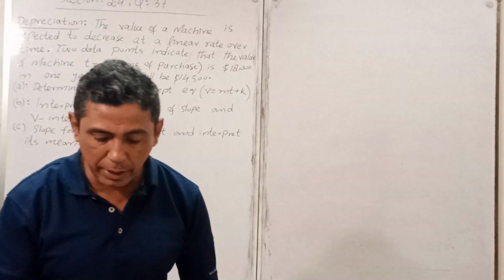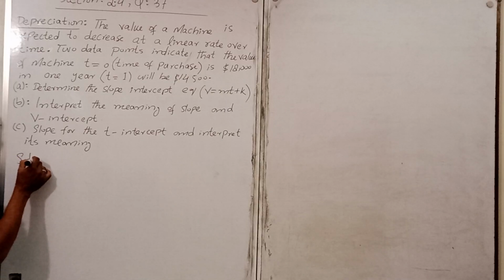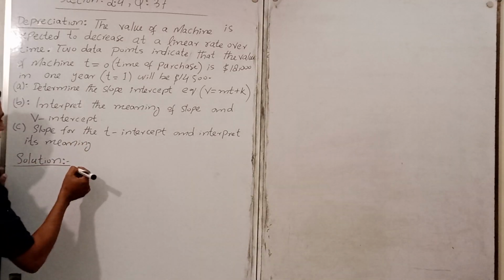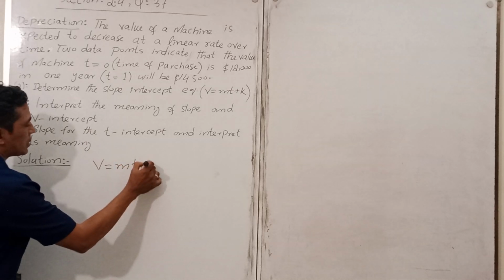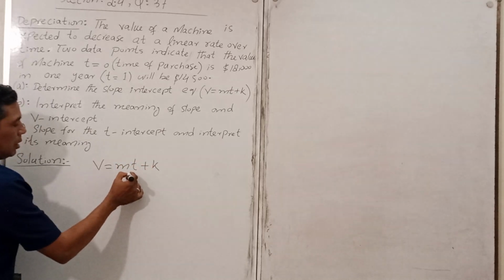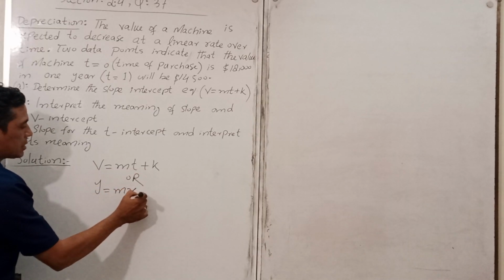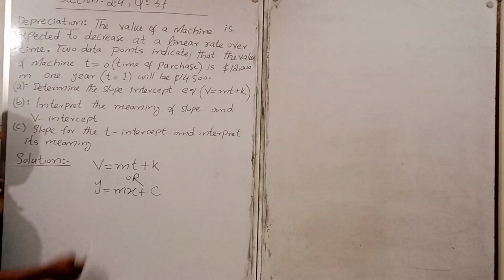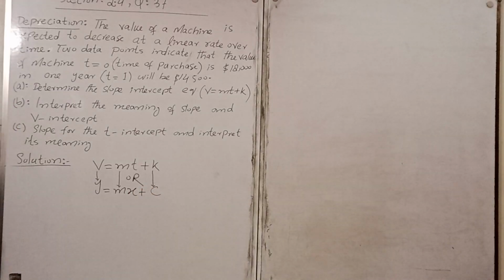It is the same kind of thing here. If I can write this equation, now the solution is here. I can write this equation: v equal to mt plus k, or in the standard form, y equal to mx plus c. You got my point? Compare this one. It is the same kind of thing.